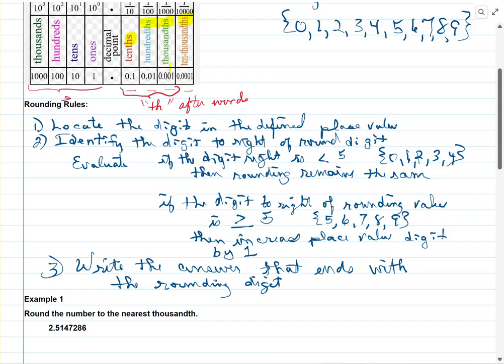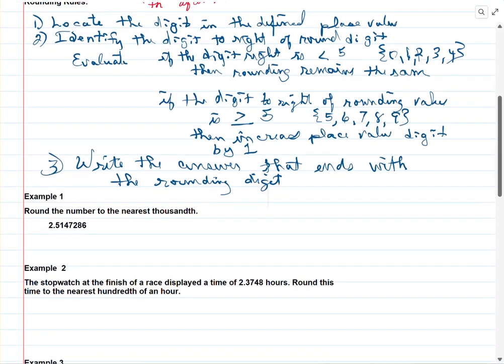You don't put any other digits after that. So here we have to know place value. Then we have to identify the digit to the right of the place value. If that's 5 or larger, you add 1. If it's less than 5, then you leave that place value alone. And then you chop off all the rest of the numbers.